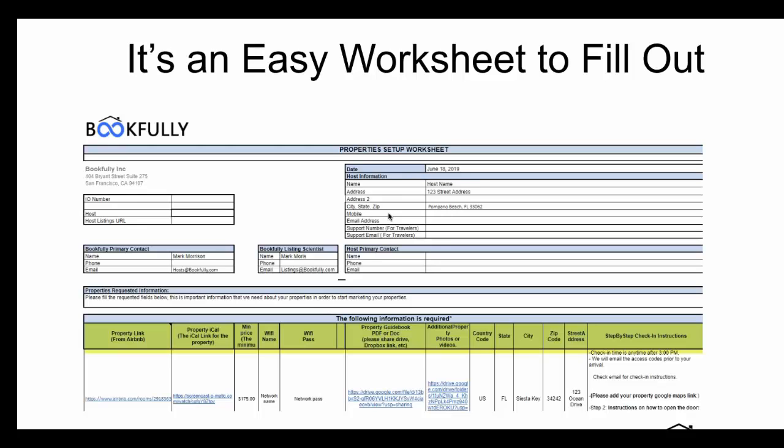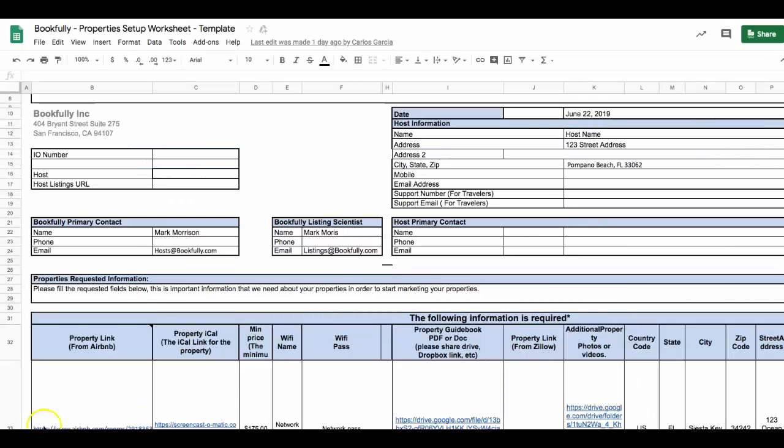We just need some additional information on your properties that we're not able to pull online, such as the property address, Wi-Fi information, check-in instructions, etc. Great! So let me show you how easy it is. You will see that most of your information is already pre-populated and filled out.